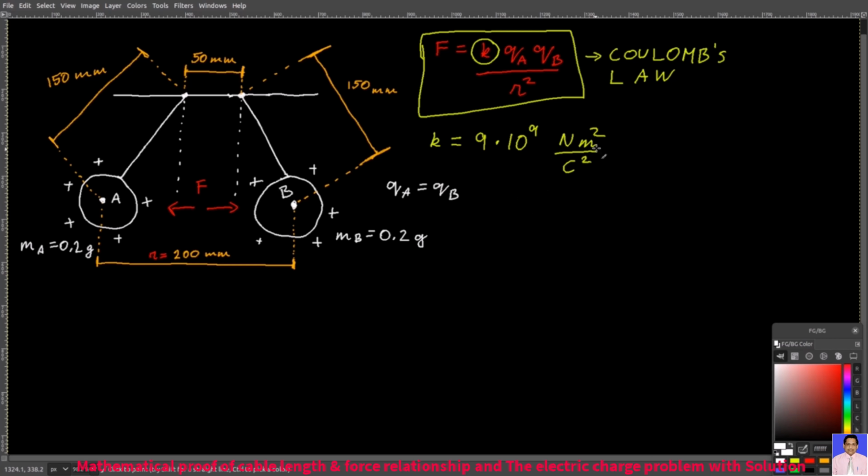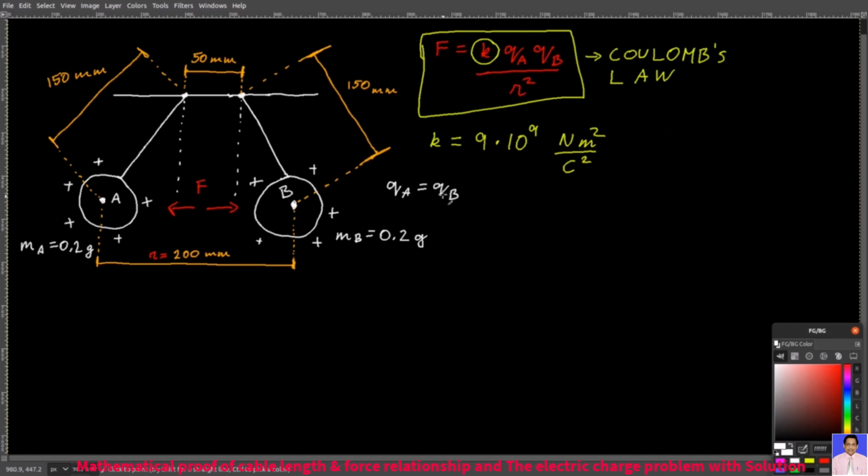And you can see that the units here make sense, because if you take this part here, then the units of this part are Coulomb squared over meter squared. So if you multiply K by this, then in terms of units, meter squared here will cancel out this one here, and then Coulomb squared here will get cancelled with this one, and you will only have newtons, which is the unit of force.